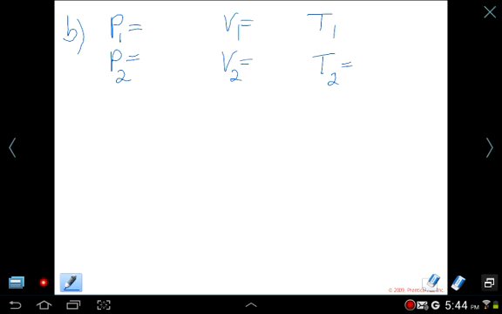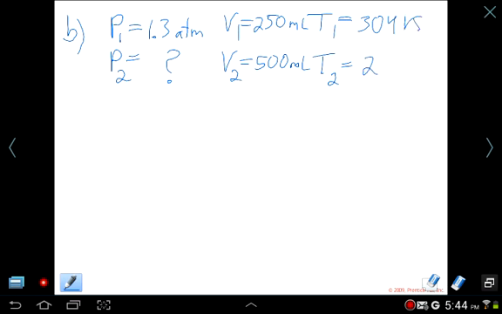If we fill these values in, with the first pressure, we got ourselves 1.3 atm. The second pressure is the one we will try to find out. Let's make that a question mark. The first volume in this case is 250 mils. The second is 500 mils. The first temperature is 31 degrees Celsius, which we converted to 304 Kelvin. The second temperature is 0 degrees Celsius, which would be 273 Kelvin. Recall that temperatures must be in the units of Kelvin.